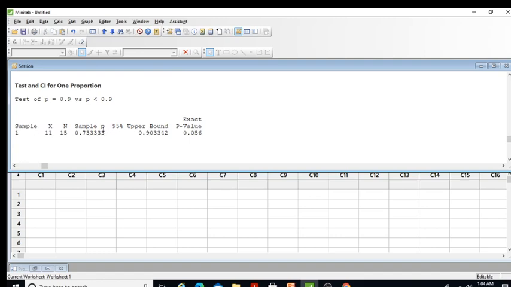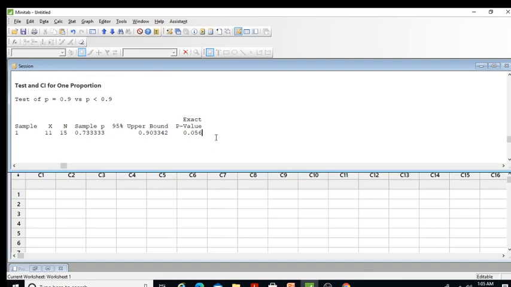The p-value is estimated to be 0.056. This p-value is slightly greater than 0.05, so we are not going to reject the null hypothesis.